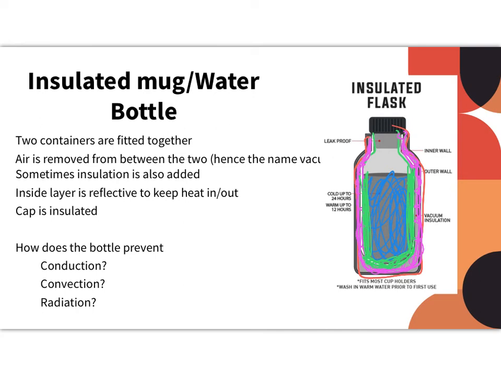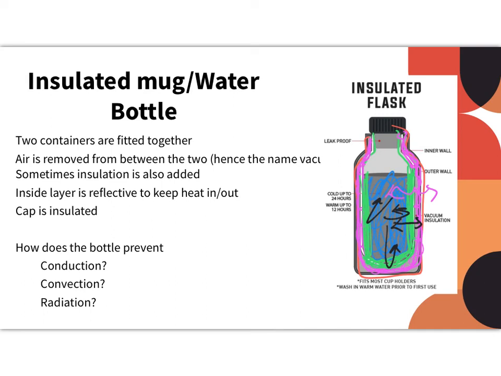So when heat is trying to escape from our water, let's say this was keeping it warm, it bounces back and is reflected back into the container with a reflective surface. If it isn't a reflective surface, it can transfer through. This helps with our radiation, like our infrared waves that are trying to escape through.